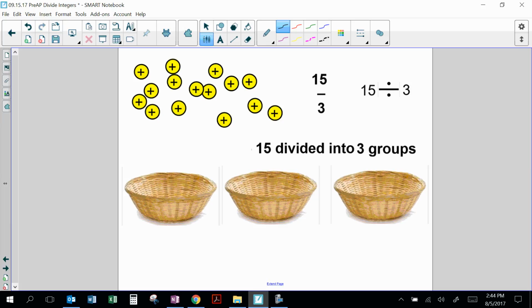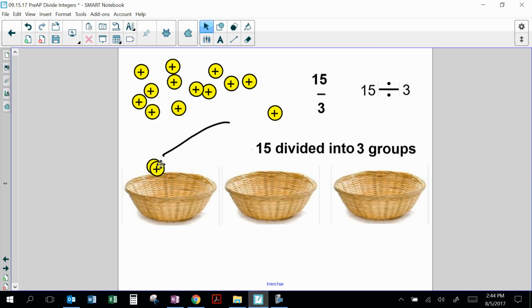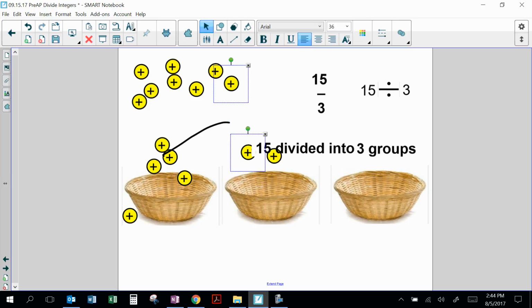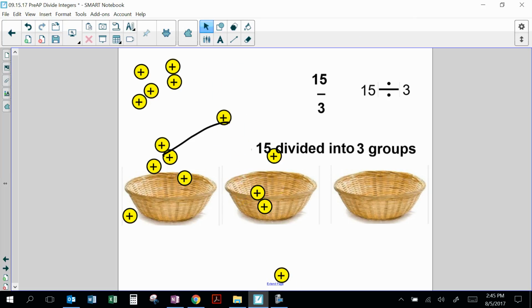So if you have 15 and you're dividing it into 3 equal groups, let's see how many would go in each group. It would be 5.